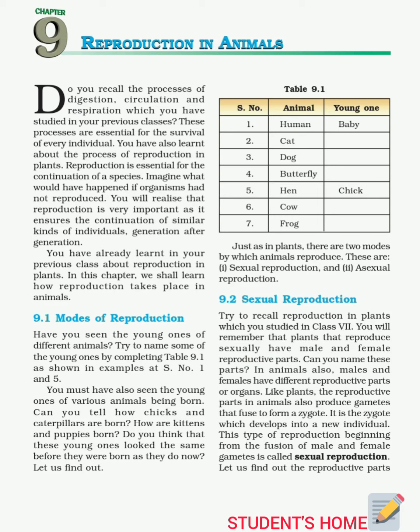In animals also, males and females have different reproductive parts or organs. Like plants, the reproductive parts of animals also produce gametes that fuse to form zygote. It is the zygote which develops into a new individual. This type of reproduction, beginning from the fusion of a male and female gamete, is called sexual reproduction.